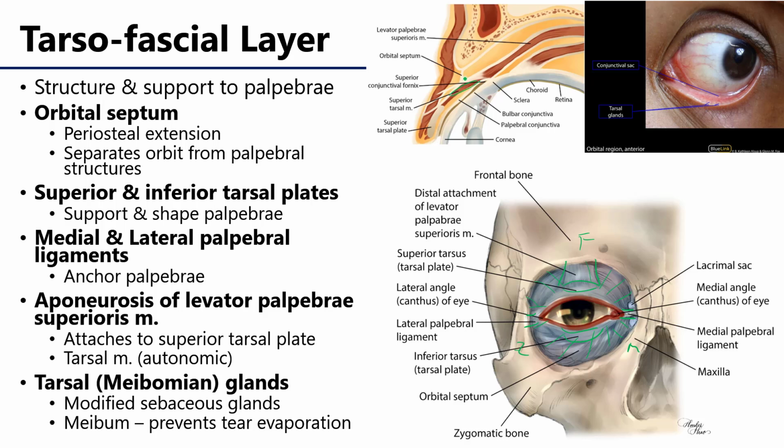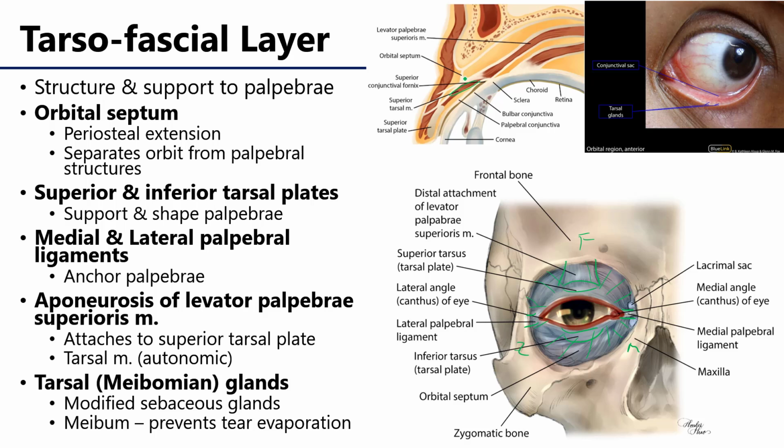That tarsal muscle is under autonomic control. So in particular, when there is a sympathetic response, that tarsal muscle engages, opening the superior eyelid, or pulling it upwards, so as to show as much of the eye as possible.